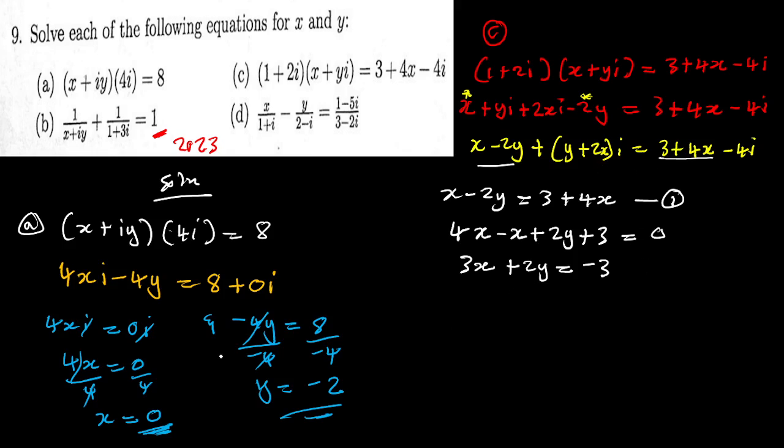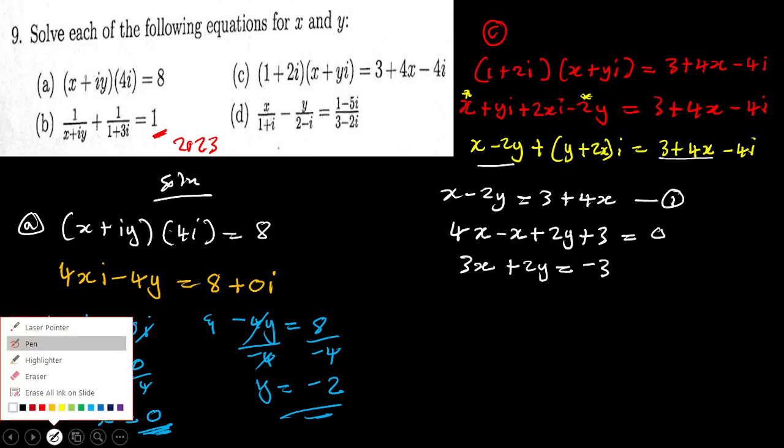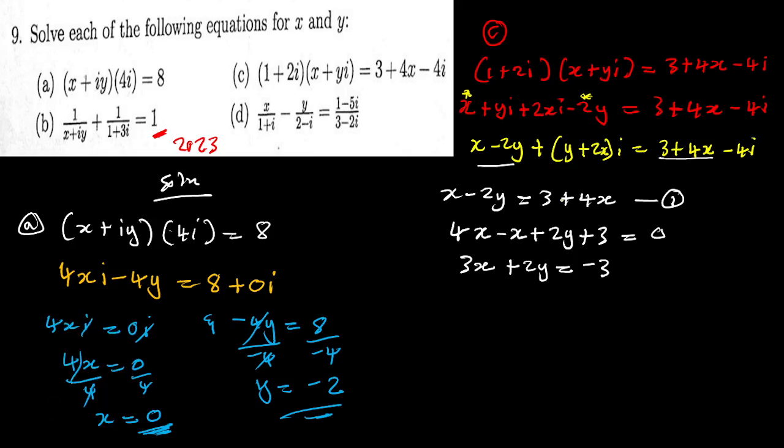To have equation 2, I'll get the imaginary parts. So I'll get this one and that one. So I have y plus 2x, i is equal to negative 4i. Okay, so this i and that i will go.